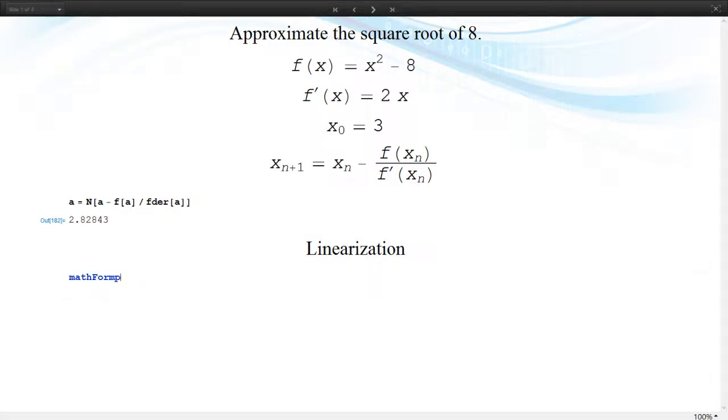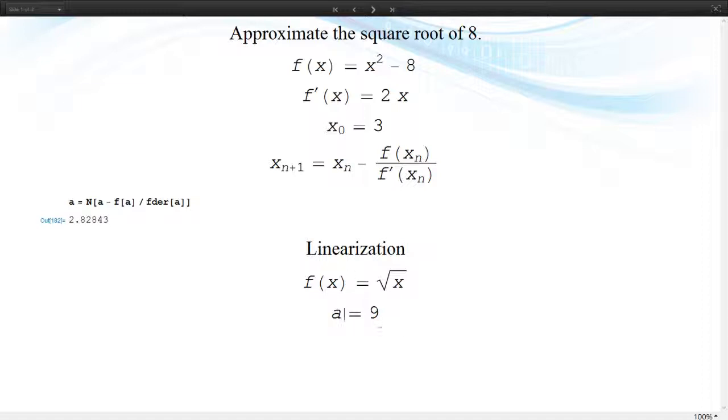Math form. We want our function to be the square root function. We want A to be, we're going to use B because we've already written on A. So B is going to be the value 9. Okay, so with linearization, we have set up our, oh, we already used F. There we go.